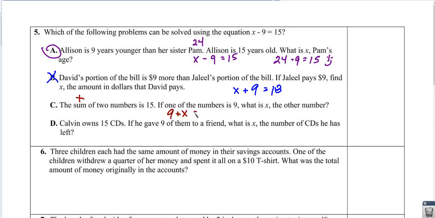That would be 9 plus x is 15. That does not fit because we need a minus x up here. And finally, letter D, Calvin owns 15 CDs. He gave 9 of them to a friend. How much is x? Well, no. Here we know x has to be bigger than 15 in our original. Here x is less than 15. That doesn't work. Our answer is A.